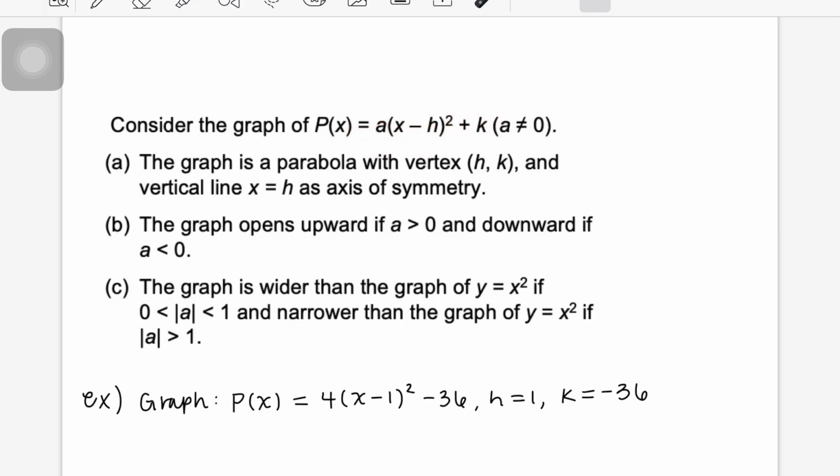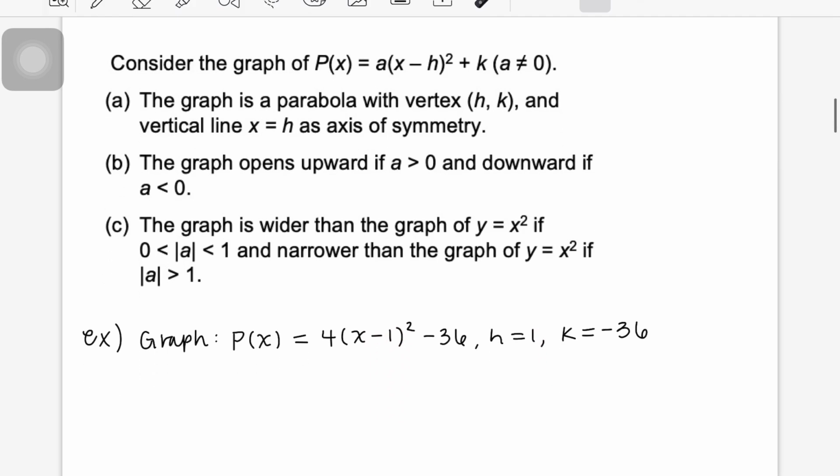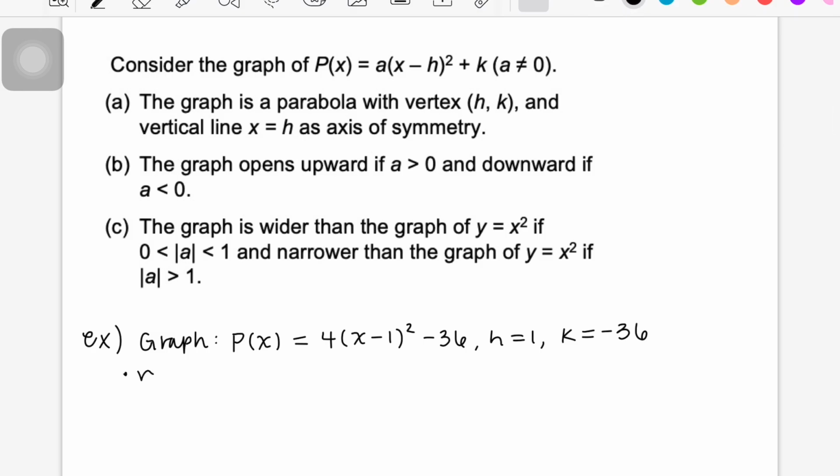The only time we would get an x plus h is if our h value were negative, because we would get x minus h, and so we would get a plus here. If we have a minus here, that's the standard form, and this h is positive. So this tells us that our vertex is (1, negative 36), and the line x equals 1 is going to be our axis of symmetry.